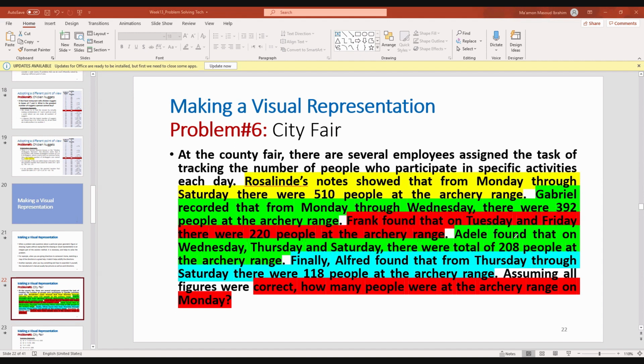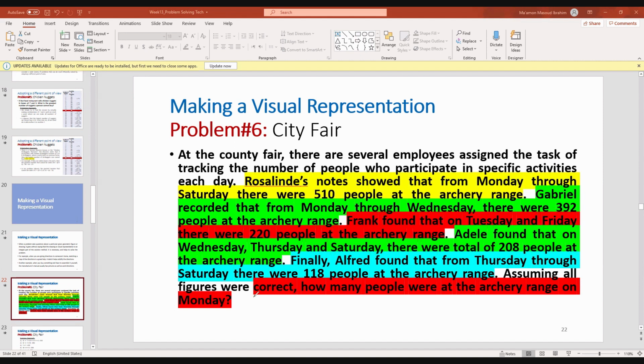And Adel found that on Wednesday, Thursday, and Saturday there were a total of 208 people at the archery range. Finally, Alfred found that from Thursday through Saturday there were 118 people at the archery range.